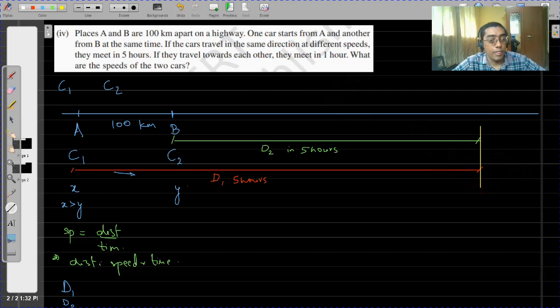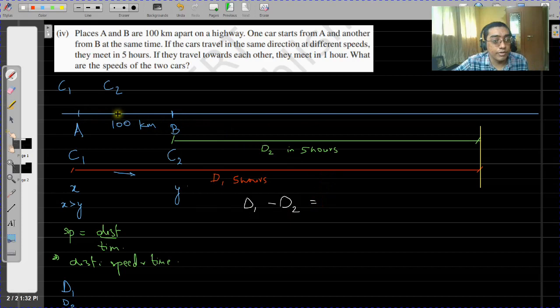Now, if you look carefully, D1 is greater than D2. So we can think of subtracting D2 from D1. So we get, let me take a white pen, D1 minus D2.